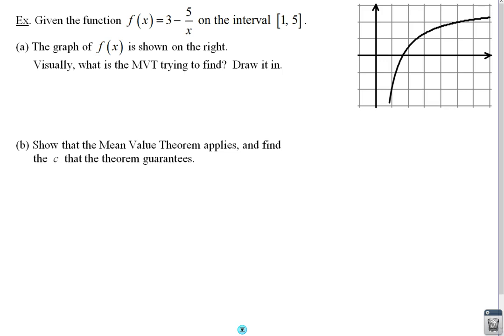Okay, so MVT is typically trying to find the average rate of change compared to the instantaneous rate of change. So if I know the average rate of change from 1 to 5, as long as my function is continuous on the closed interval from 1 to 5 but differentiable on the open interval from 1 to 5, there's bound to be a point somewhere between 1 and 5 where the derivative at that value is equal to the overall slope between 1 and 5.